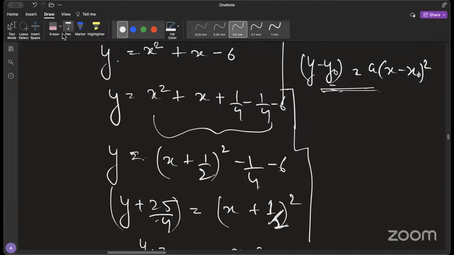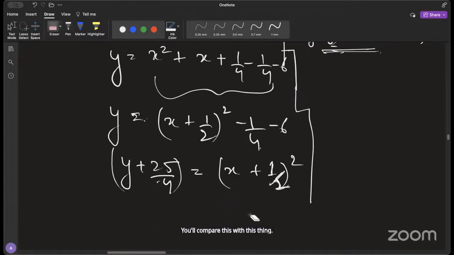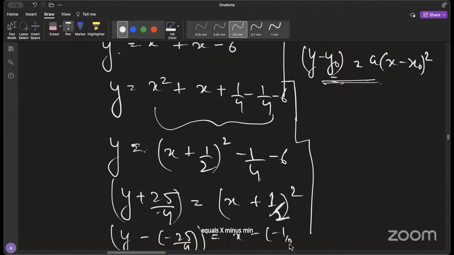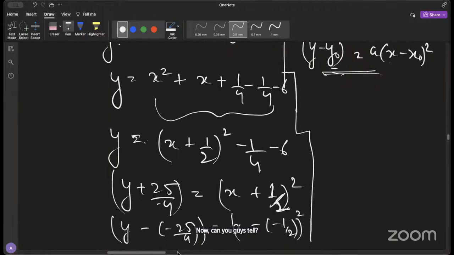You'll compare this with this thing. It still looks a little different from this, right? Let me just write y minus 25 by 4 equals x minus half squared. Now can you guys tell what's y naught and what's x naught?